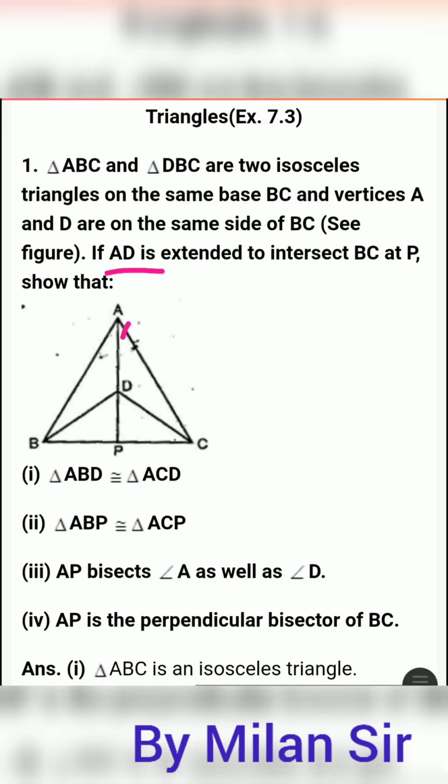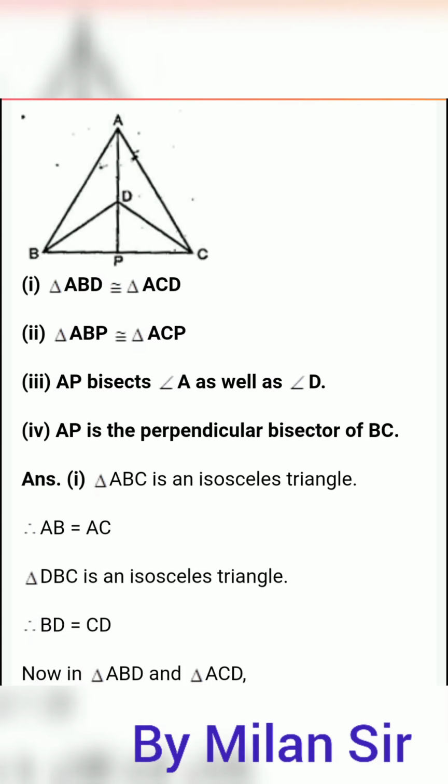If AD is extended to intersect BC at P, that means here is the intersection point P. First question: triangle ABD is congruent to triangle ACD. We need to prove this.